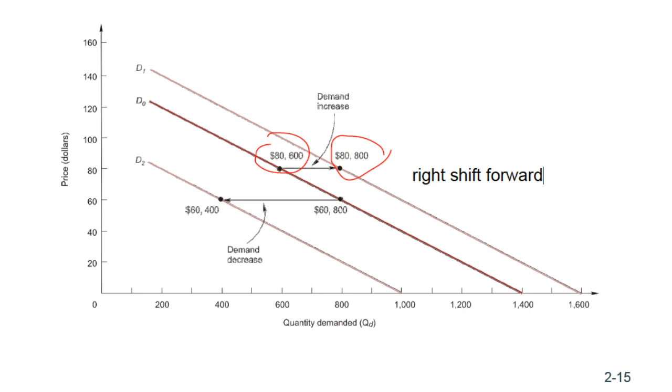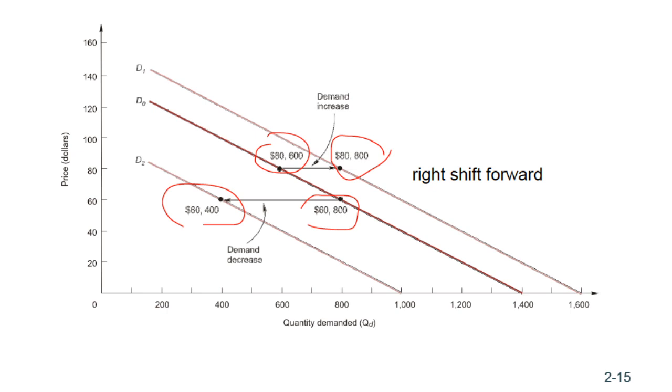If demand decreases, if income decreases, all else equal. Notice we kept the price the same when we did this, right?